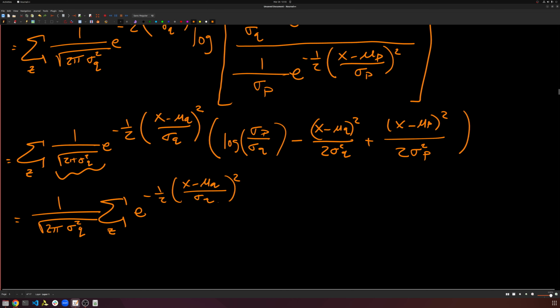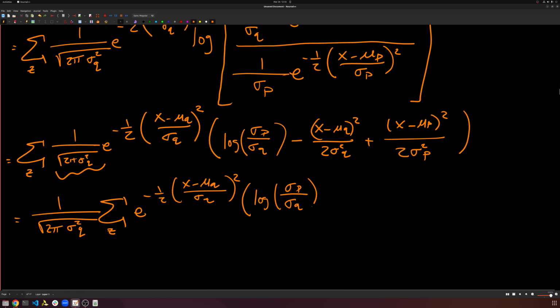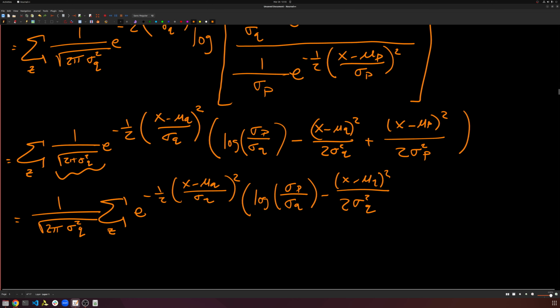So that's still there. And we still have the rest of this stuff, right? So log sigma p over sigma q minus x minus mu q squared over 2 sigma squared q plus x minus mu p squared over 2 sigma squared p.